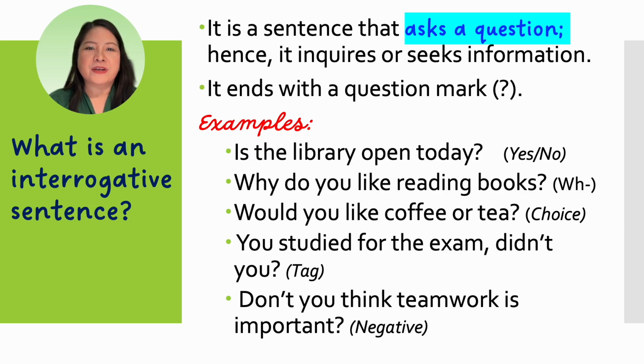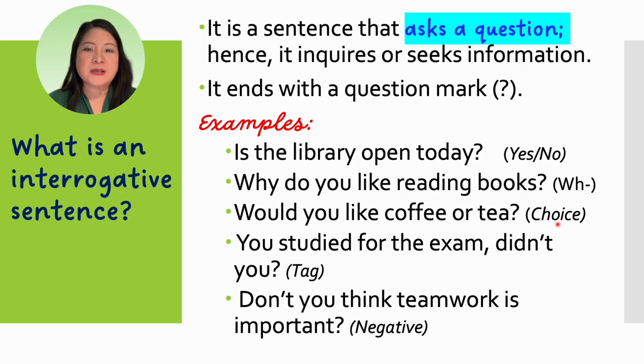For example, for yes, no, is the library open today? The answer is yes or no, either yes or no. Why do you like reading books? So this is a WH question. Remember the who, what, where, when, and this one is why. Here in the third one, there are choices being offered, coffee or tea.